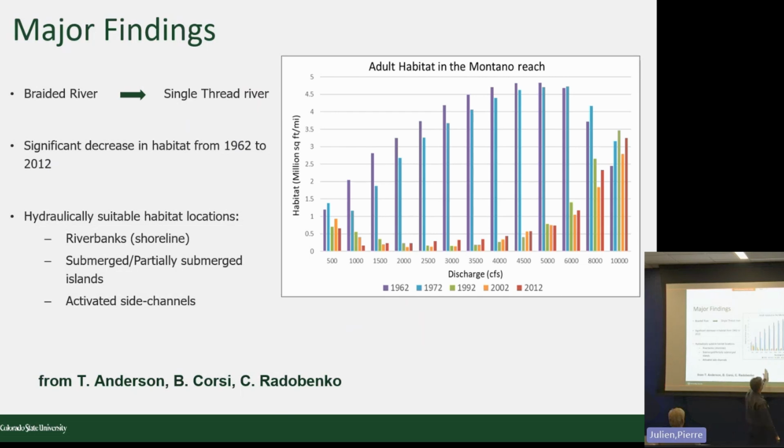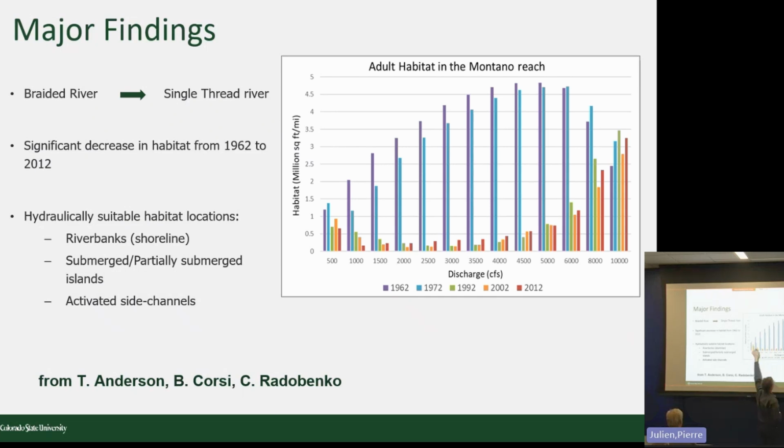Before Cochiti Dam, meaning here, the purple and blue, you could see that the river was wide and shallow, and this was very good habitat for the silvery minnow. Since Cochiti, '92 and 2012, for a wide range of discharges, unless you have very low discharge in the river, which is not necessarily the best here, if you get a flood or something, it's not really favorable.